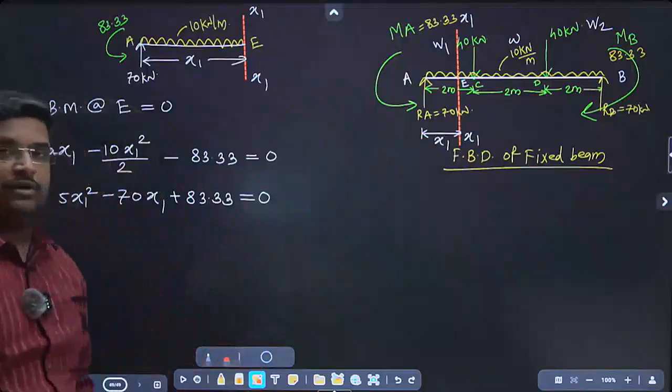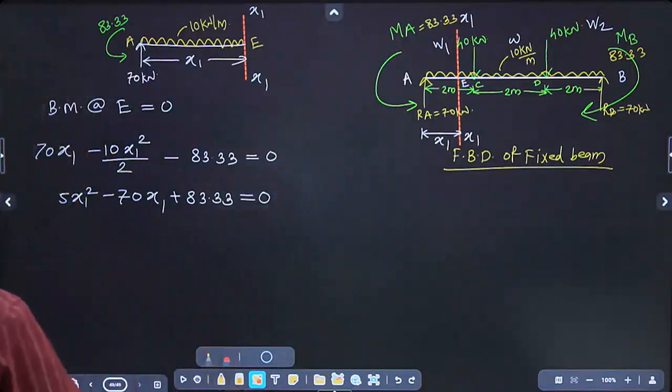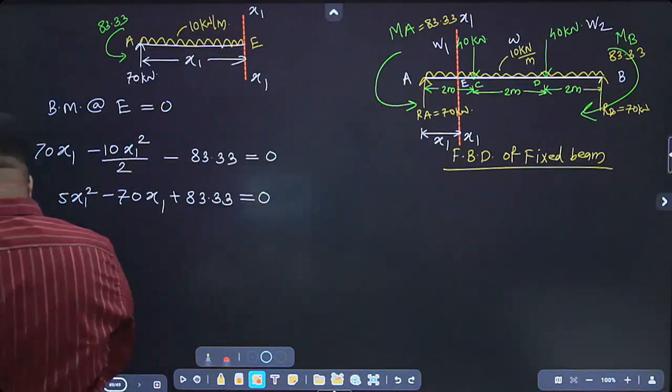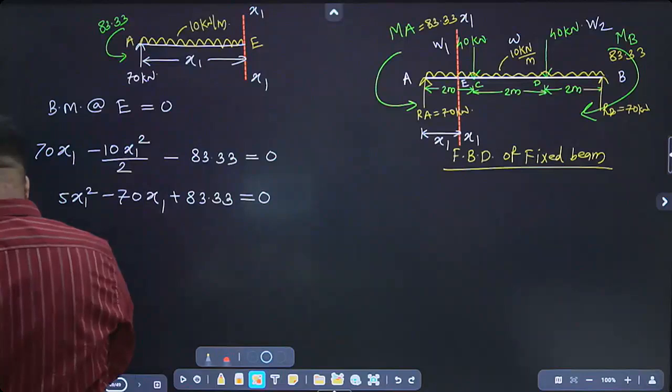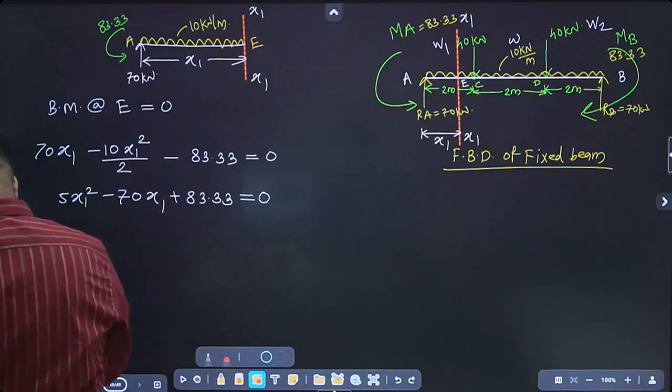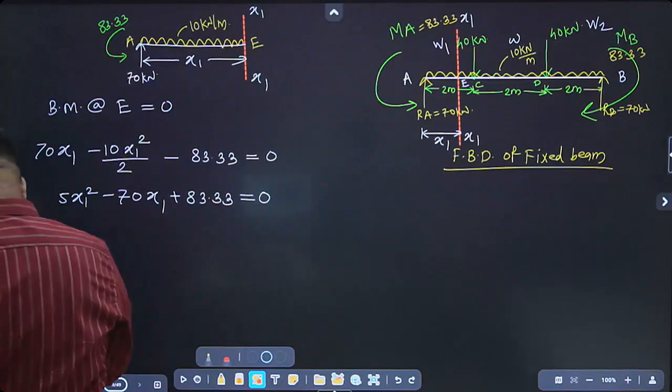Again, you have to compare it with ax square plus bx plus c, quadratic equation. Okay, 1.127 meter is the answer. Let me check. Okay, let me check.